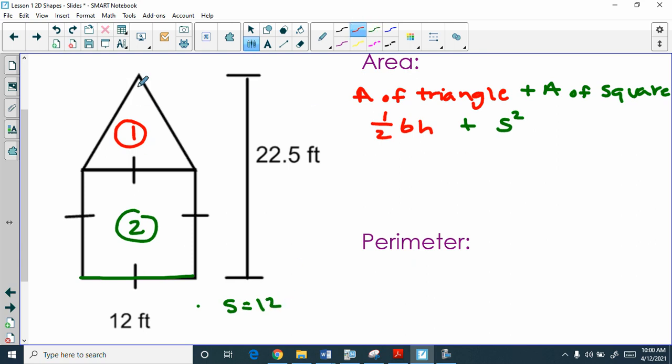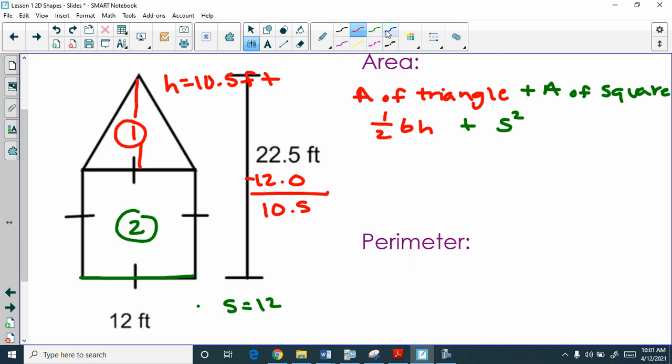To get the height of this triangle, I know that the height of the rectangle is 12, and the height of the entire figure is 22.5. So I'm going to subtract 12 from 22.5 to get 10.5, which will be my height. So height is equal to 10.5 feet.